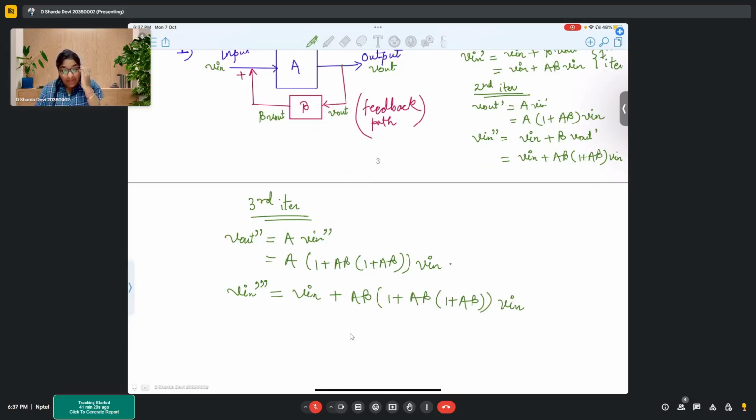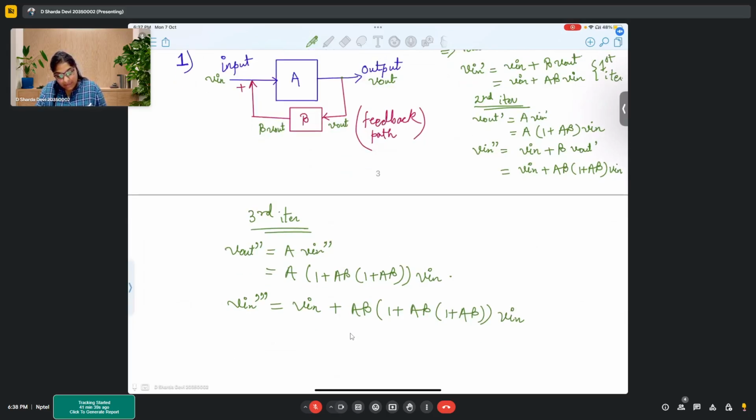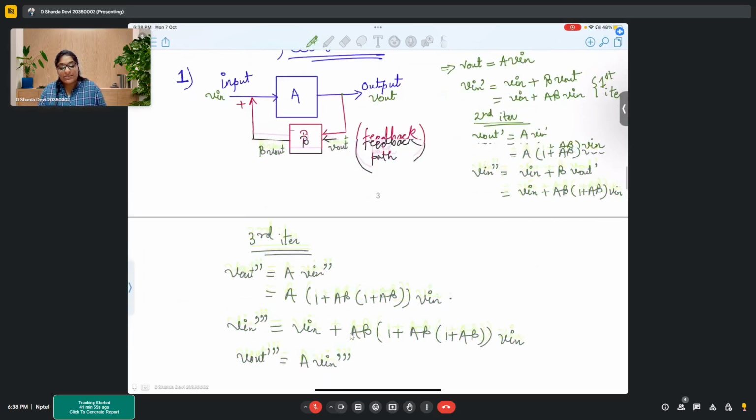Now, if you observe carefully, the input that I provided was only V in, correct? But if you see the output, your V out triple dash is A times of V in triple dash. Now you see, with that input, what I provided, your output is increasing significantly.